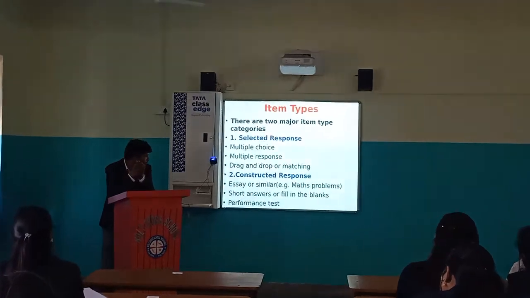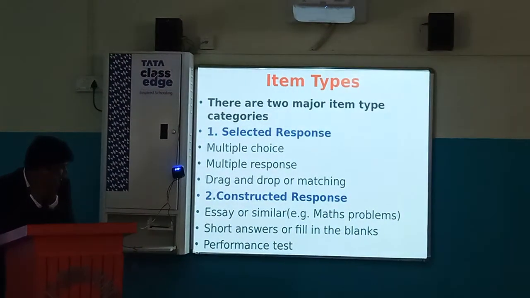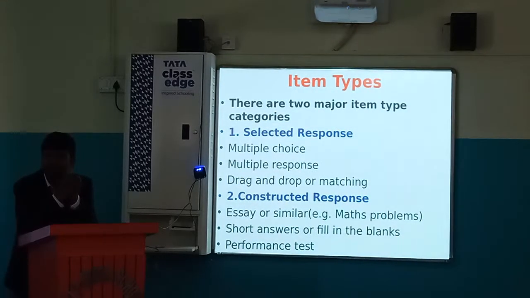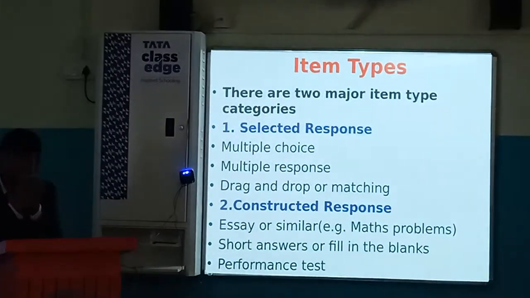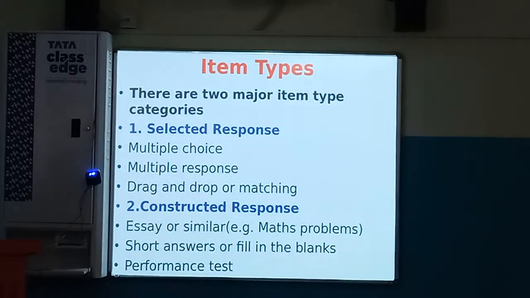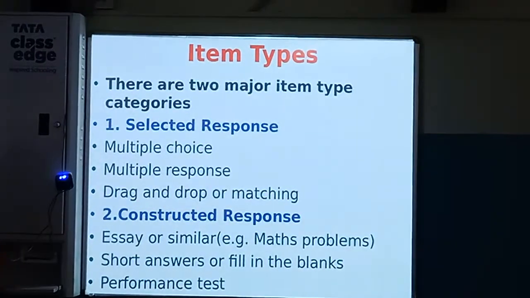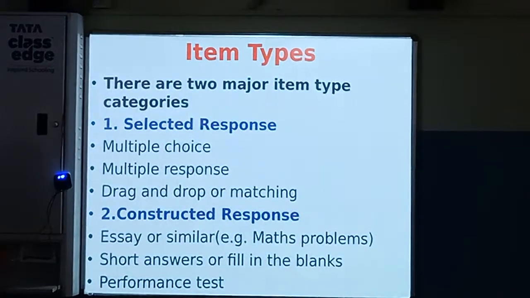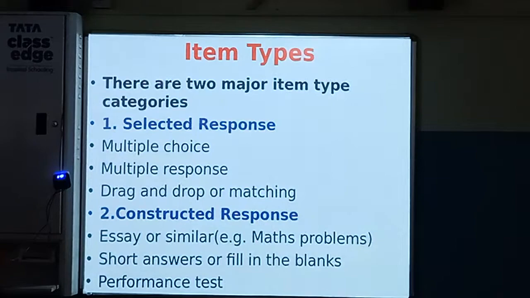That is known as a performance test, and it comes in the category of constructed response. So what are the 2 types of items? One is selected response, another is constructed response. In selected response, a student just needs to select the options, and in constructed response, a student needs to construct the answer.